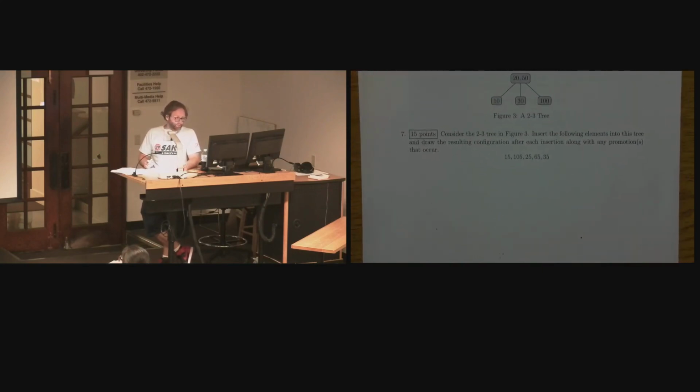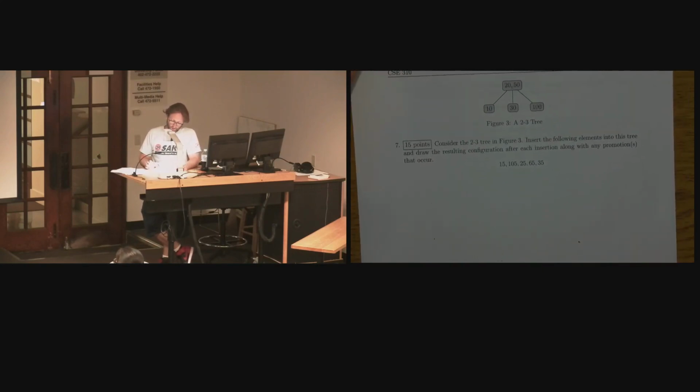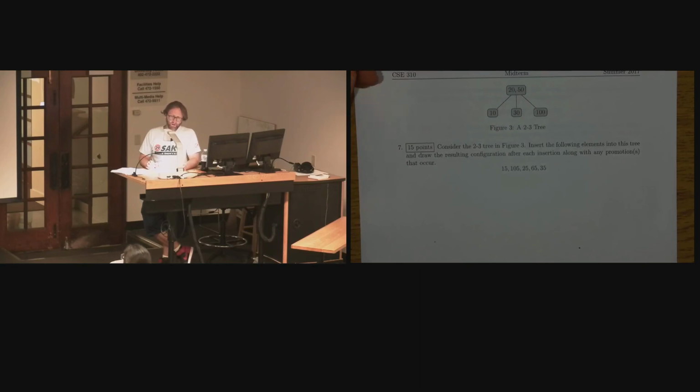Two, three tree. Insert the following elements into this tree. I think you can end up with this tree. In fact, is this the tree that we ended up with? Something like it. All right.